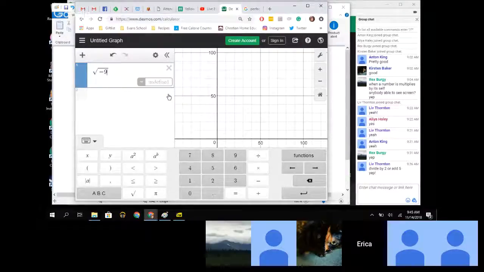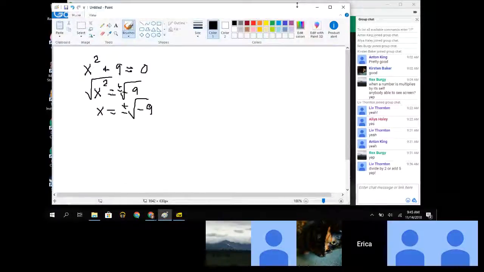All right, guess what? You cannot take the square root of negative numbers. I don't know if you've tried it before, but you can't do it. And why is that? Well, the idea of square root is that 3 times 3 equals 9, and the square root of 9 equals 3, right? So you're thinking of what two numbers multiply together to make the number inside the square root.